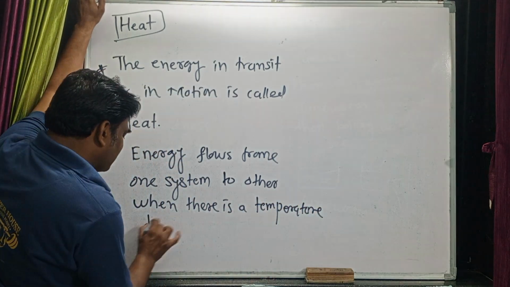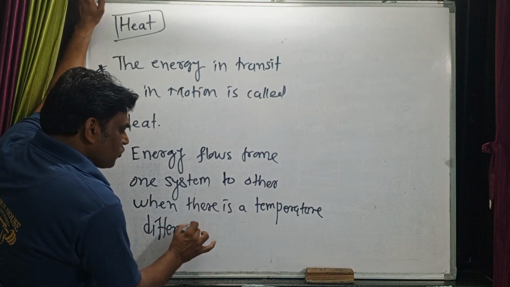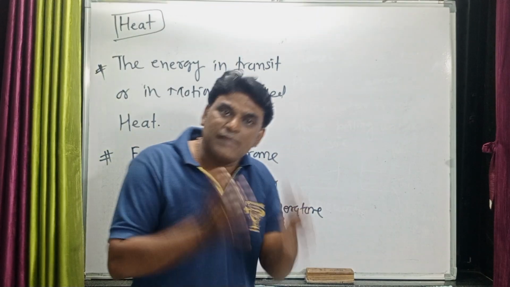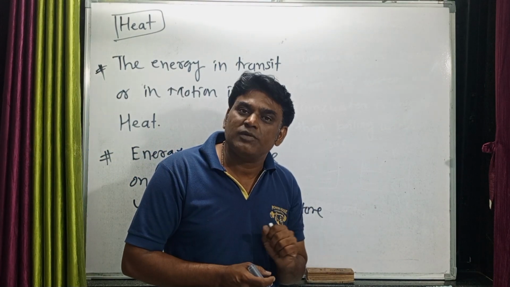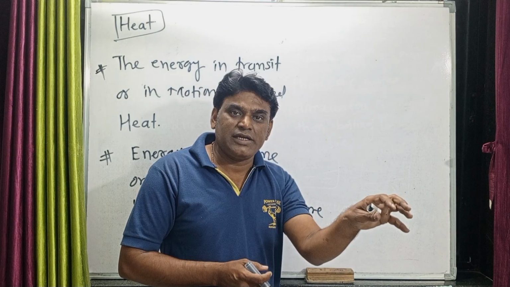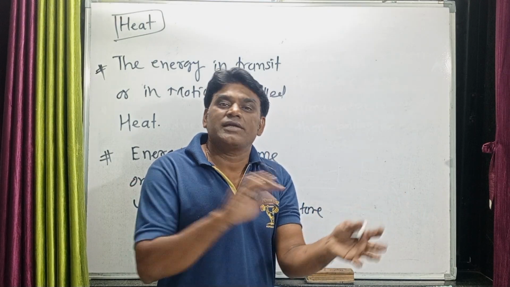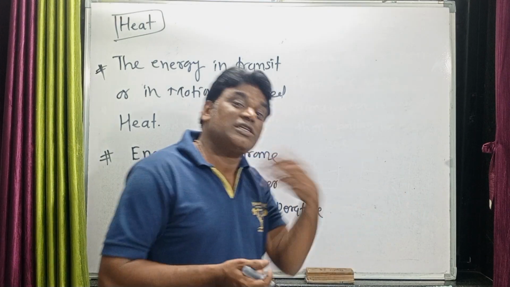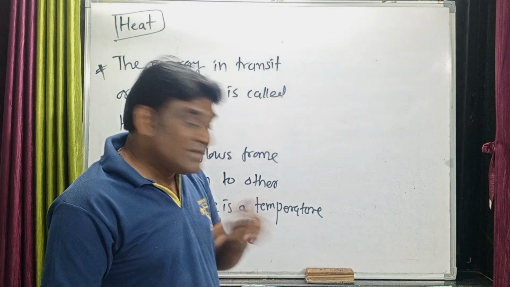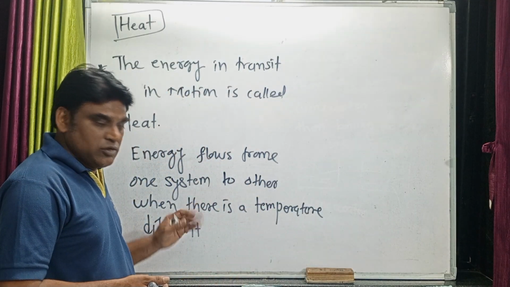First of all, there must be a temperature difference. If two bodies are at the same temperature, say 10 degrees centigrade and another also at 10 degrees centigrade, 10 minus 10 is 0, so the temperature difference is 0. In that case, it will not flow.